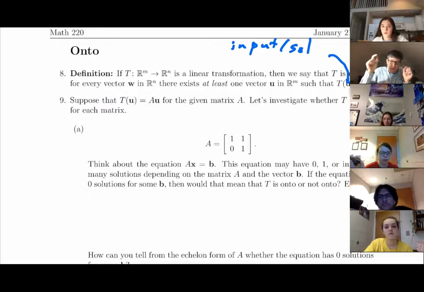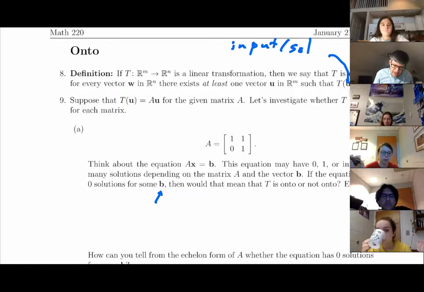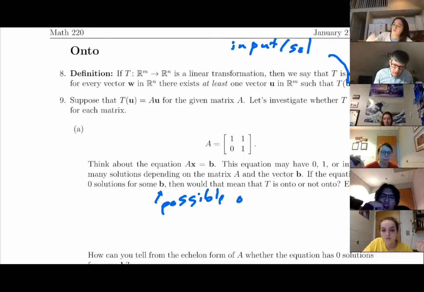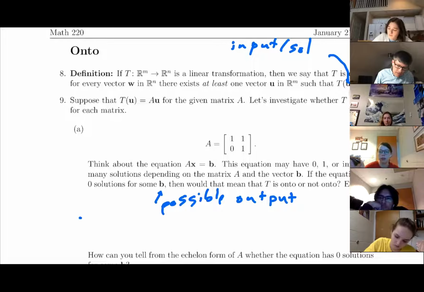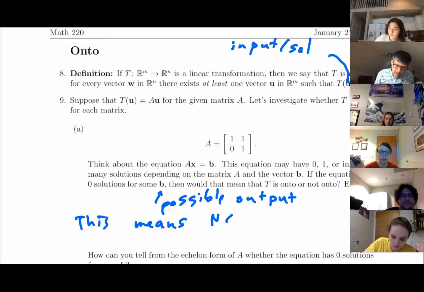So if I have a particular possible output, and there's no solution to it, that would mean that there is not at least one vector that maps to it. So this means not onto.